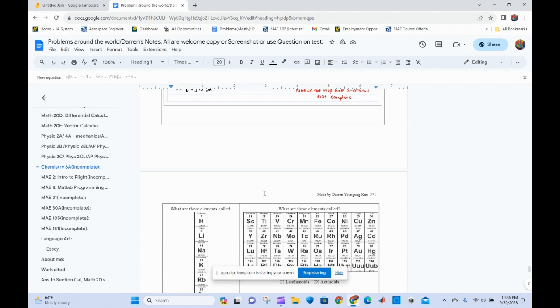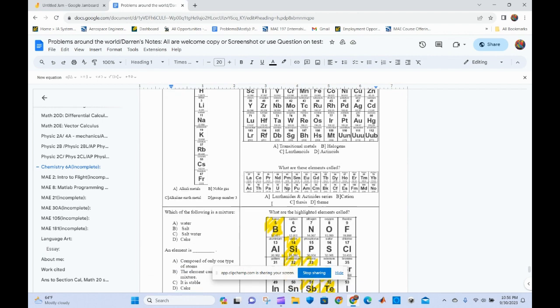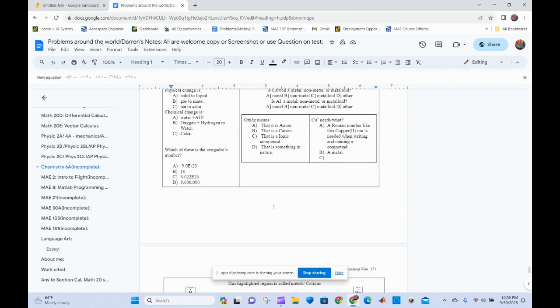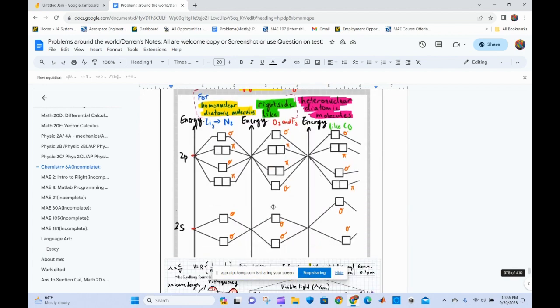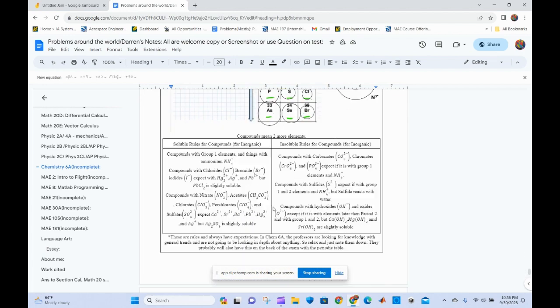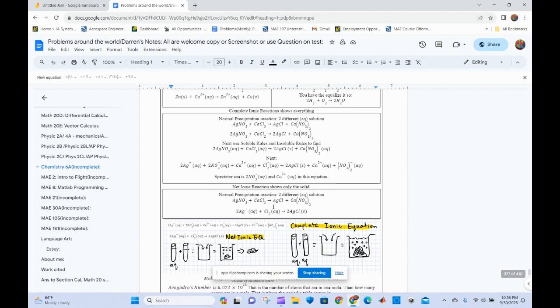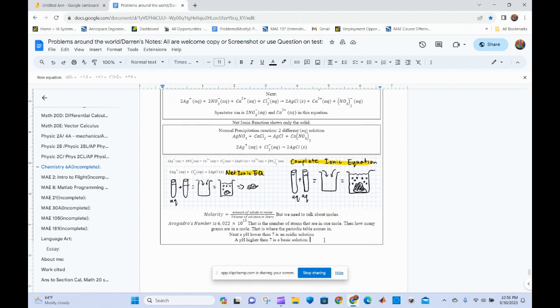I'm hesitating because I'm trying to remember how to do moles conversion, which I totally forgot how to do, which is embarrassing right now. I should know it. It's one of the more basic things I learned.